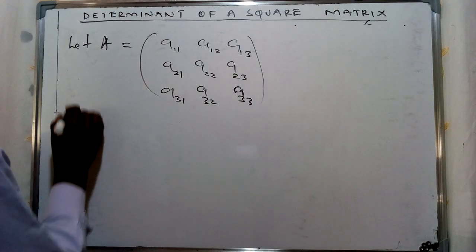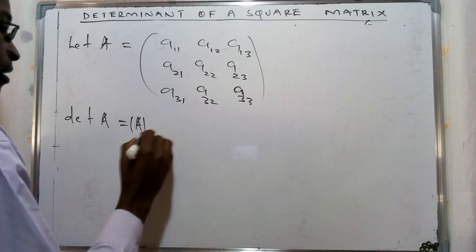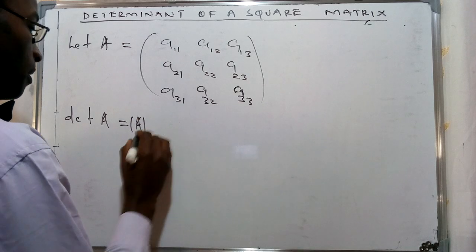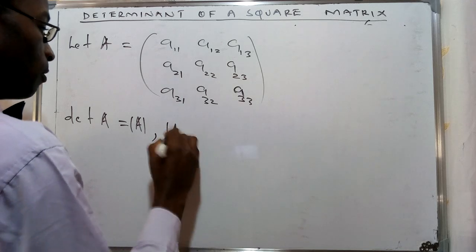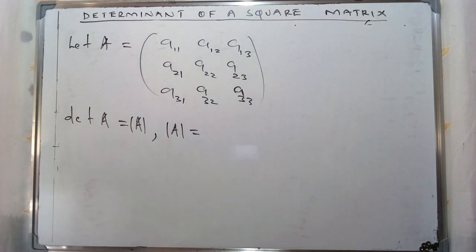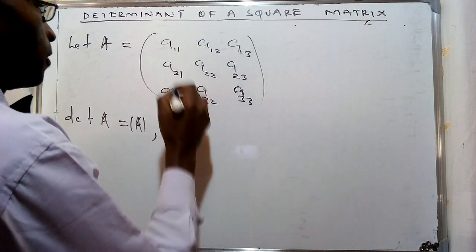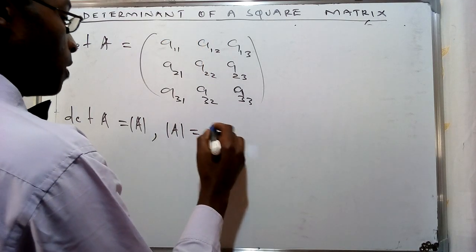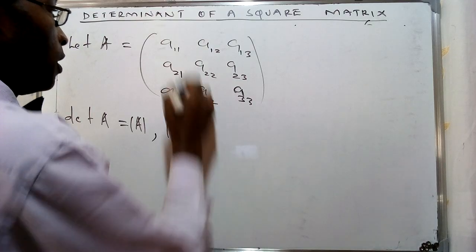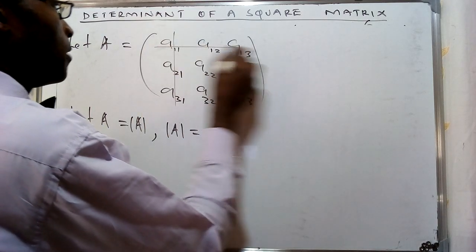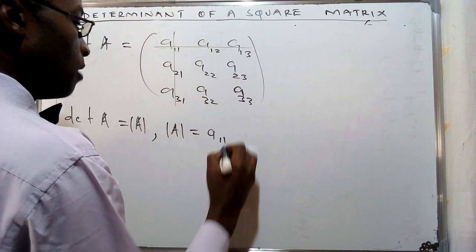So for this one, we're going to have the determinant of this matrix A given in terms of this particular evaluation. This implies that the determinant of A is equivalent to, so we're going to take these specific elements for the first row. From our procedure for deleting the first row and the first column, if I perform this operation, I'm going to have this specific element a11.